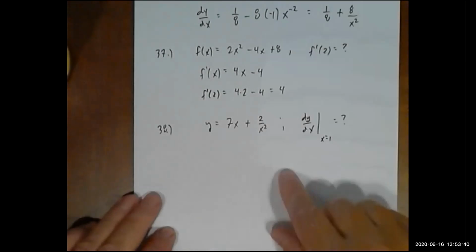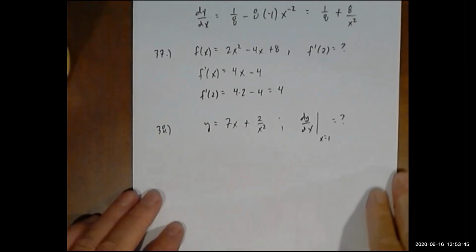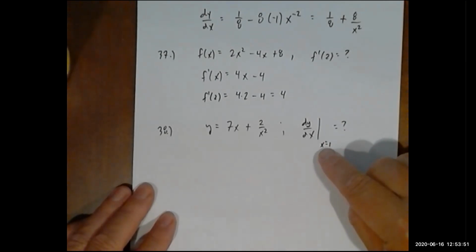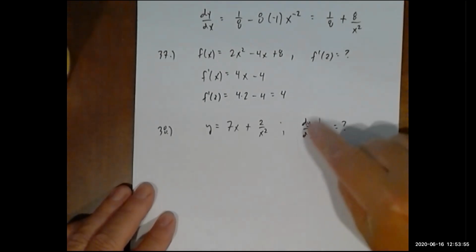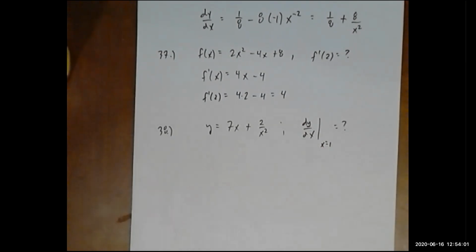So here's the original equation, y equals 7x plus 2 over x squared. And then it says dy dx. You know, I like to write it here. I put this line here, and then down here I say x equals 1. So basically I'm saying take the first derivative and evaluate it when x is equal to 1. And that's what I'm trying to figure out.